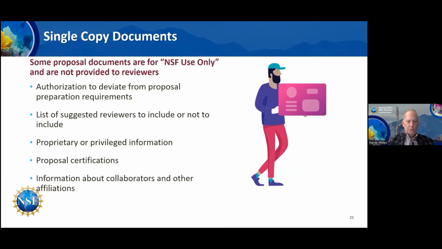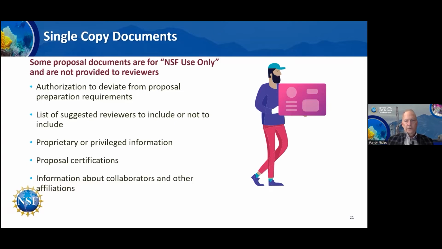Okay, thank you. I'll continue on talking about individual portions of the proposals, starting with the single copy documents. There are a lot of bullets and a lot of words on a lot of these slides, but I would like to take my time to talk about some of my experiences with these types of portions of the proposals.